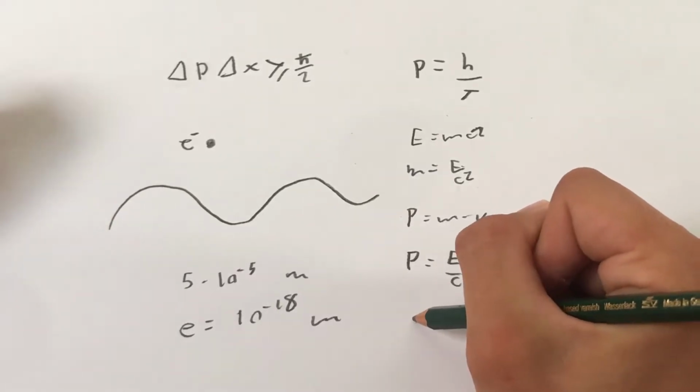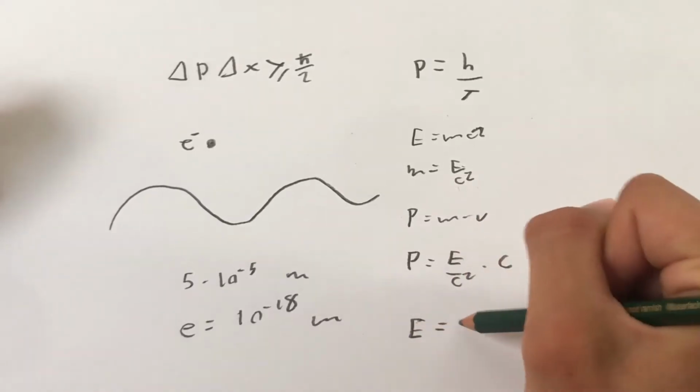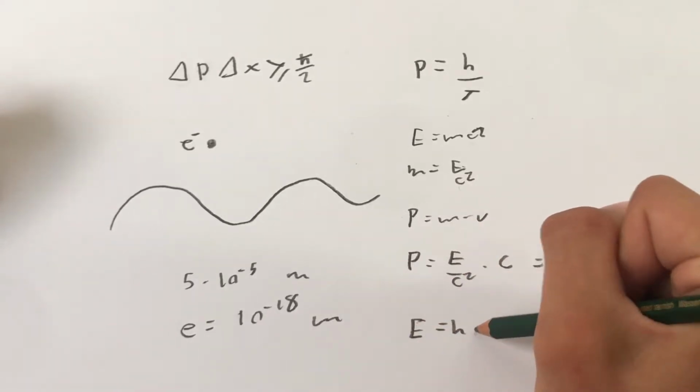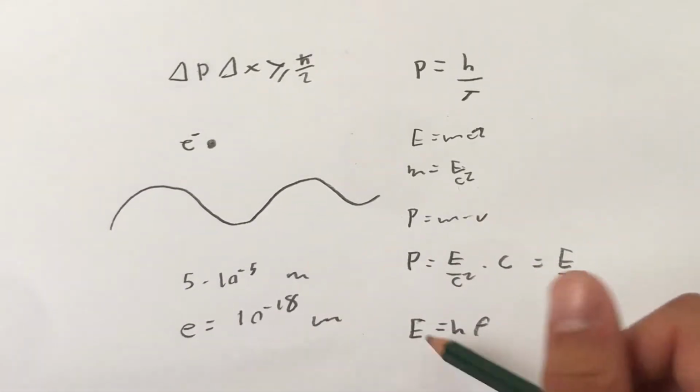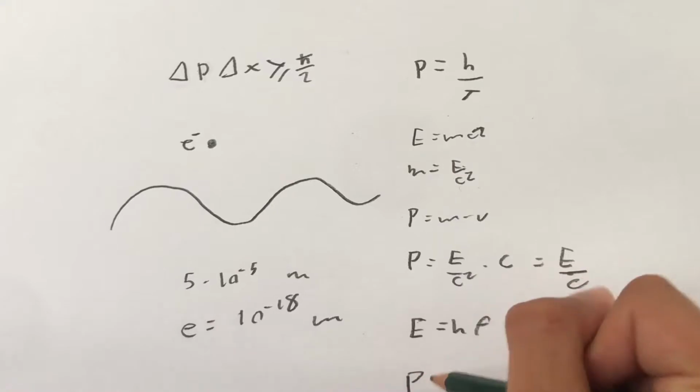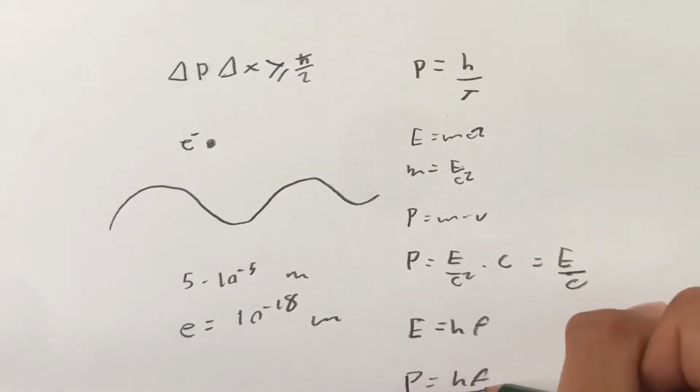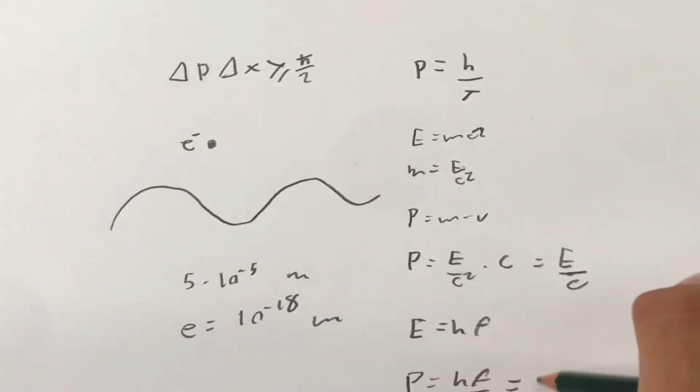And he said that energy for a photon is simply h multiplied by its frequency. So we can put this new energy term in, and you will find that P equals hf over c, which simply is h over lambda.